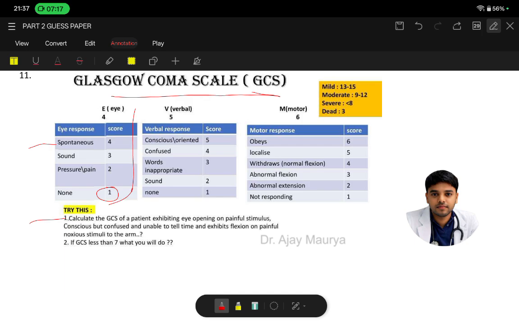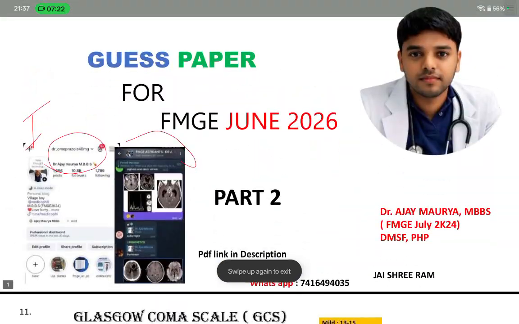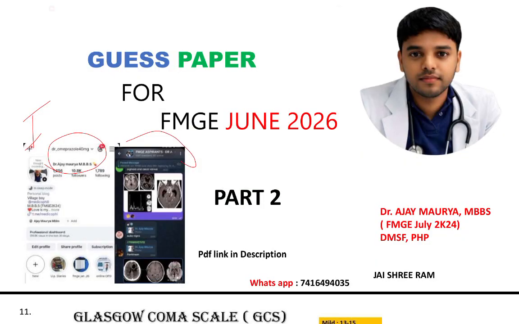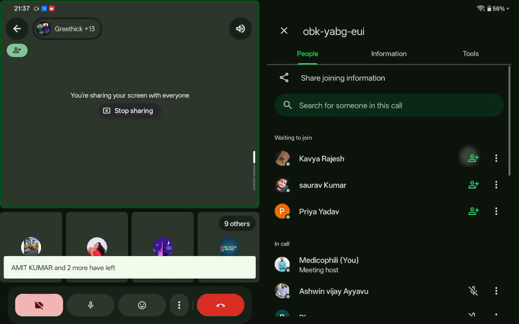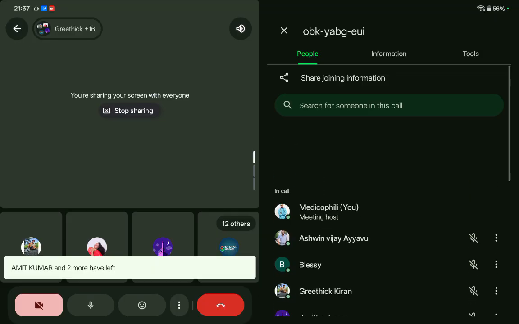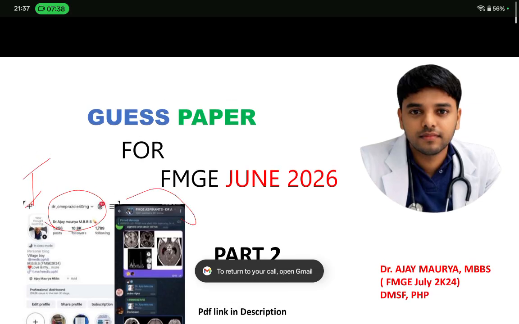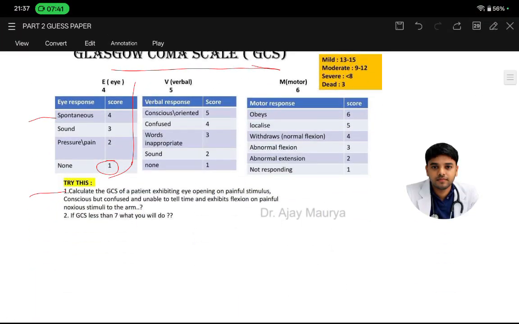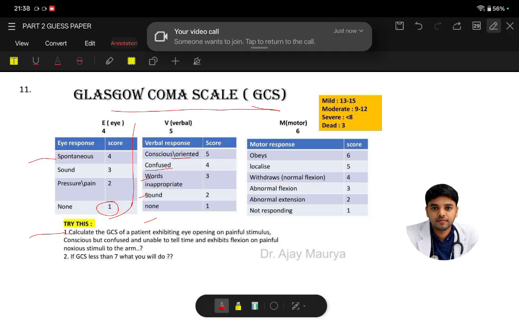Next is the verbal response. For the verbal response, remember the one mnemonic: One confused word sounds however.